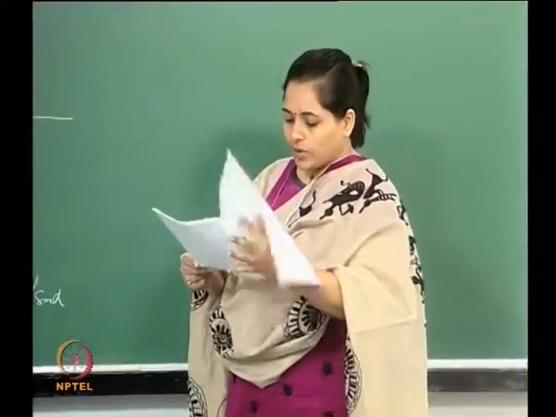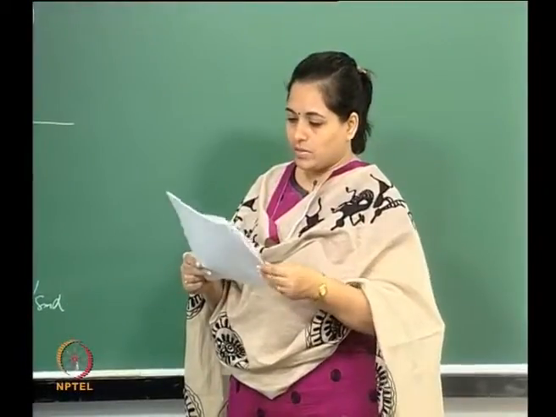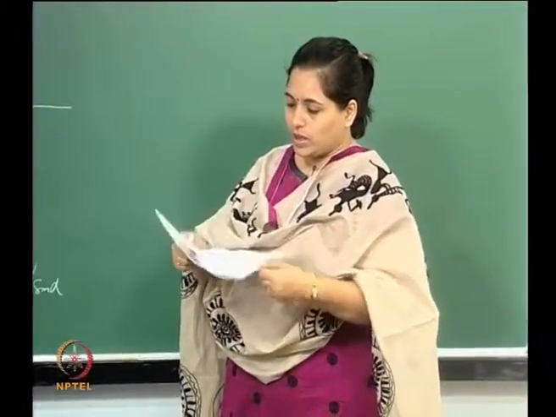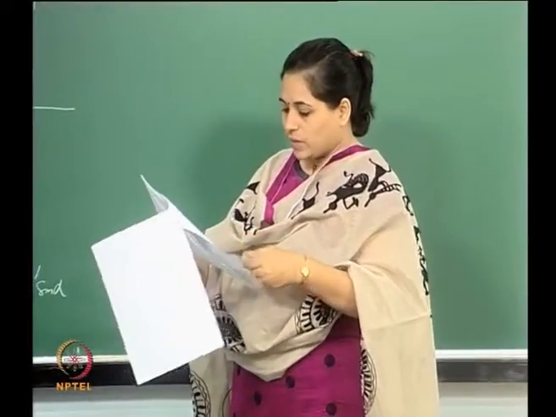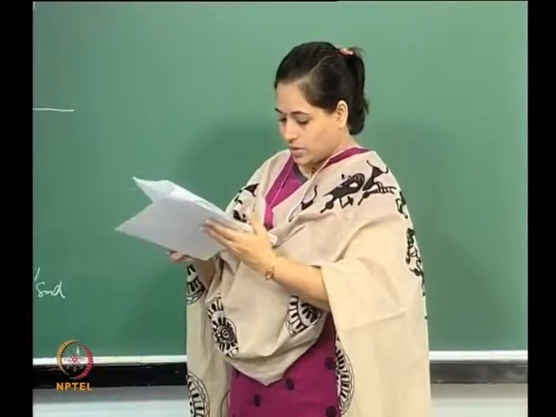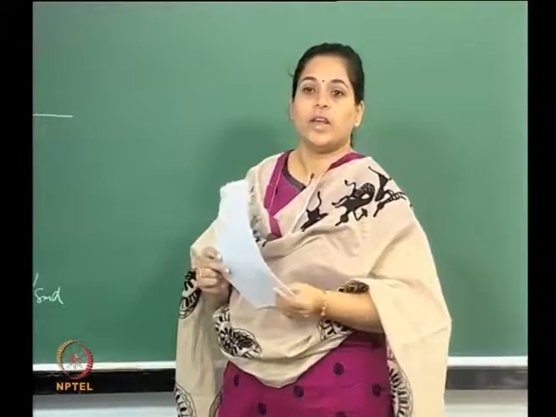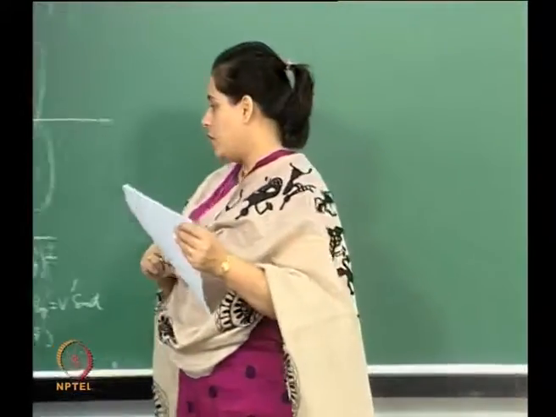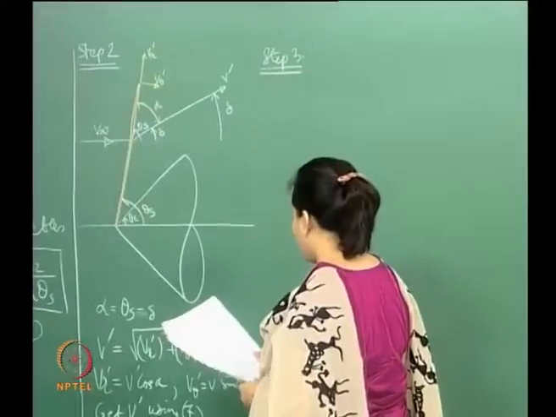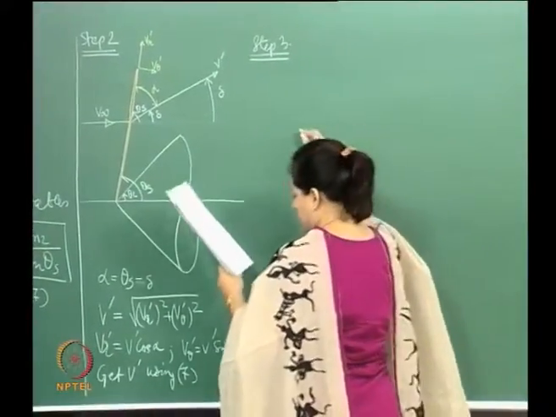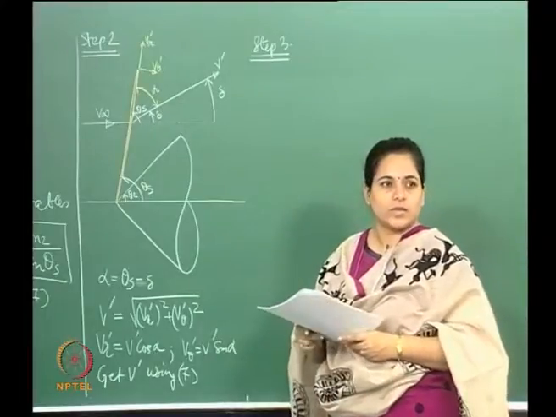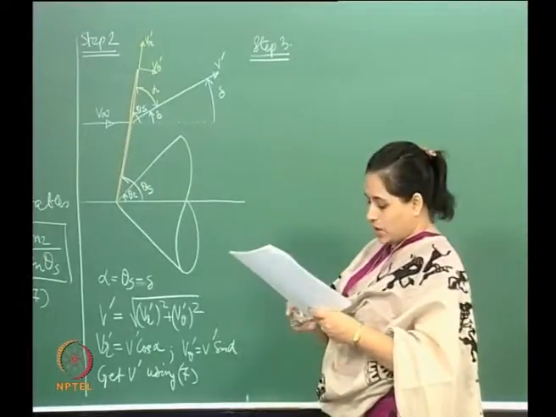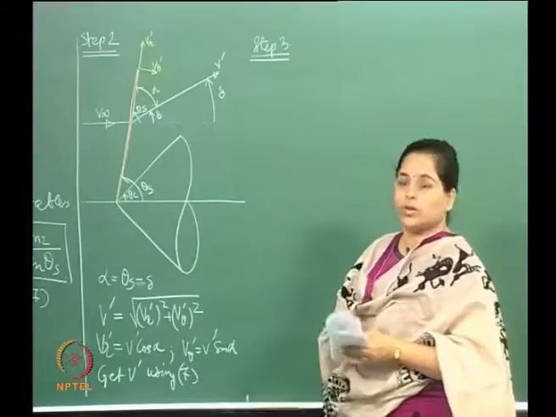So what we are going to do in step 3 is use that equation and calculate v r dash, in steps of theta, marching away from the shock to the cone.